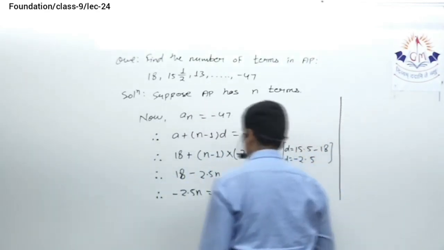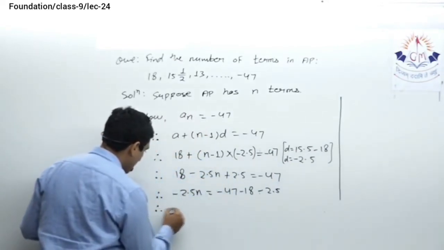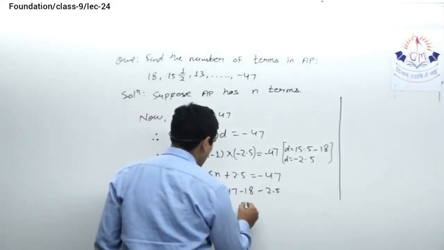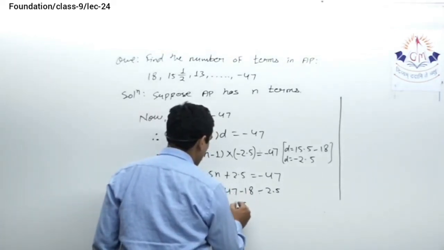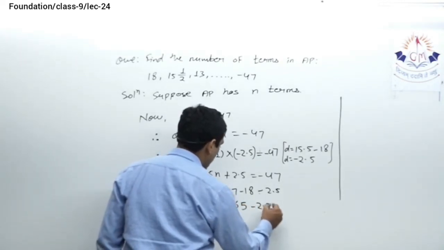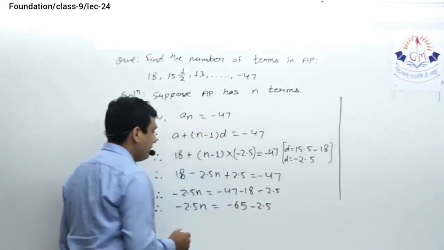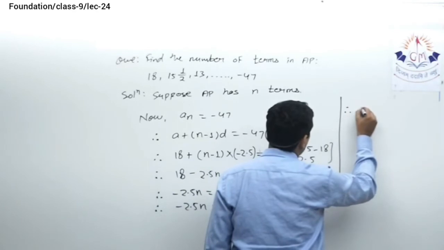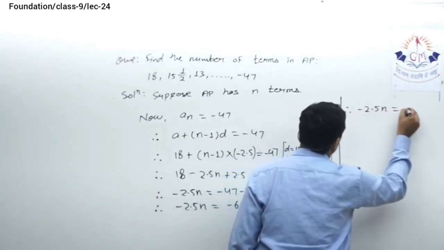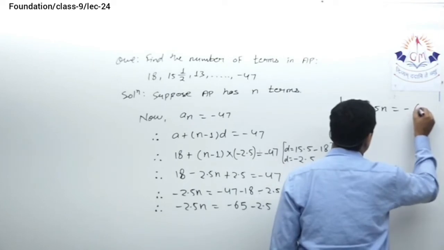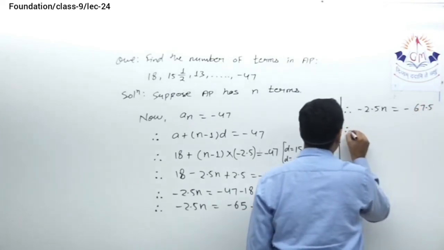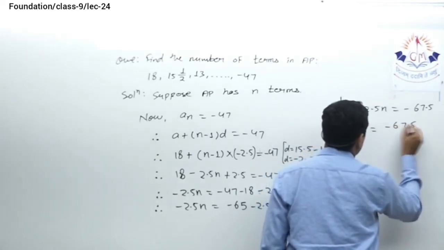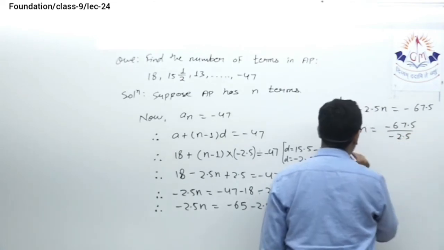Further we get minus 2.5 N is equal to minus 65 minus 2.5, so minus 2.5 N is equal to minus 67.5. Therefore N is equal to minus 67.5 divided by minus 2.5.